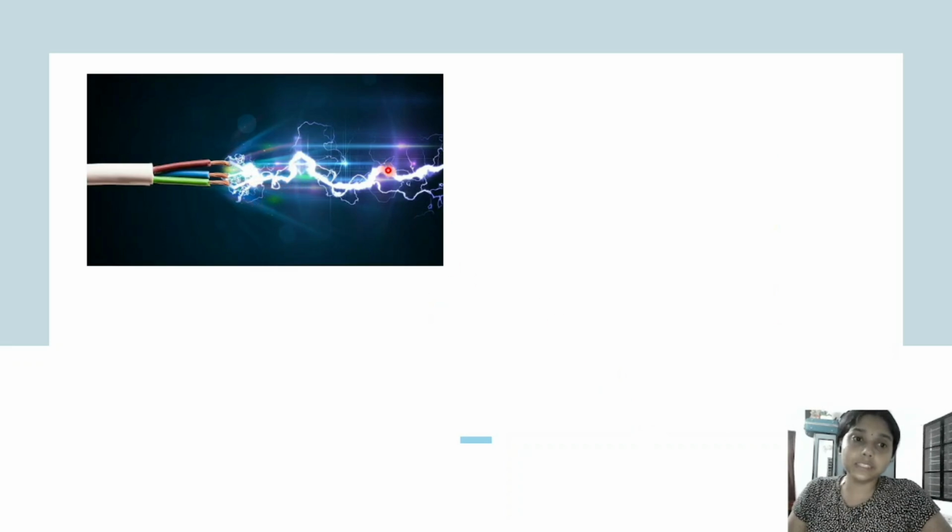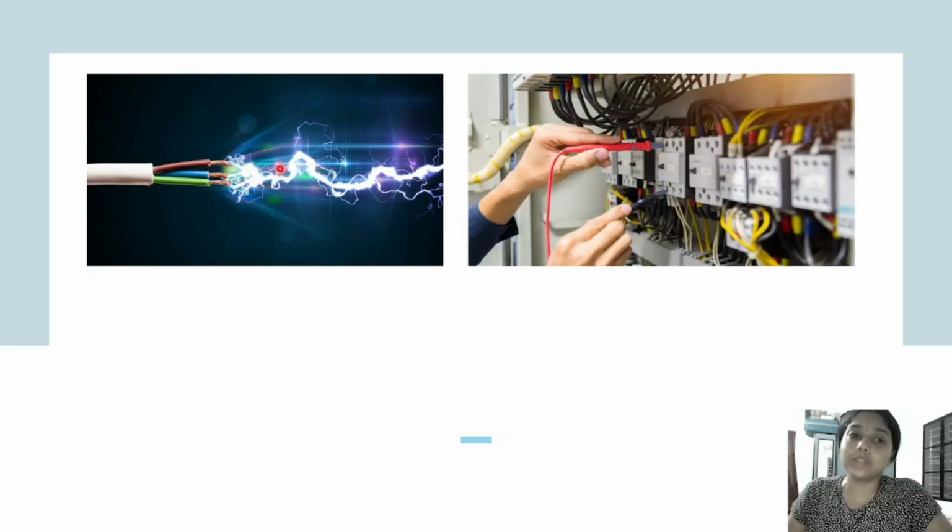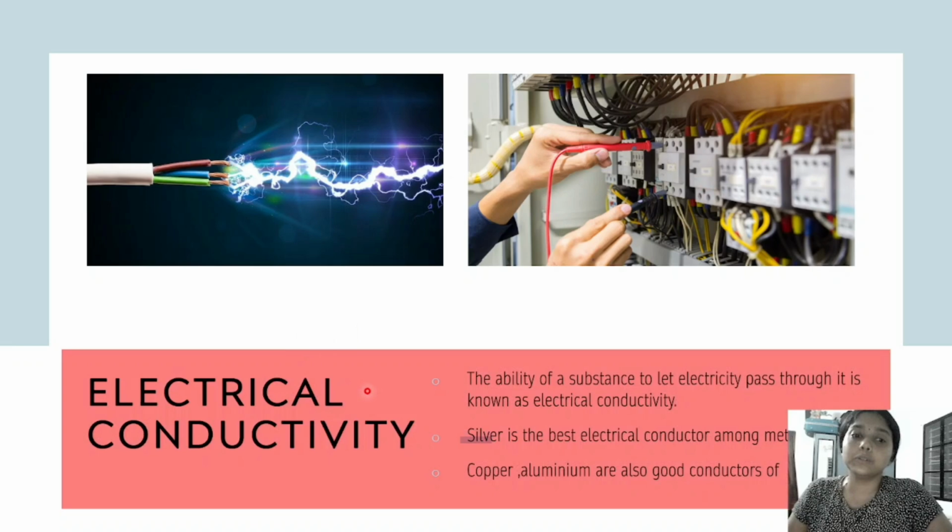So what is this? This is electricity, right? It is a thunderbolt. Where is it coming from? It is coming from the copper wire. So we can say that the copper wire conducts electricity. That is why it is used in our circuits. We have seen it in your home. This property is called electrical conductivity, the transfer of electricity by metals.